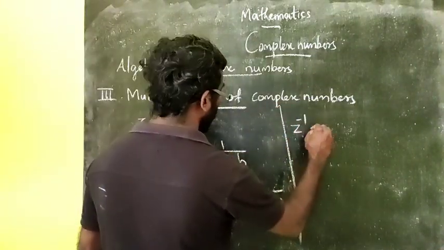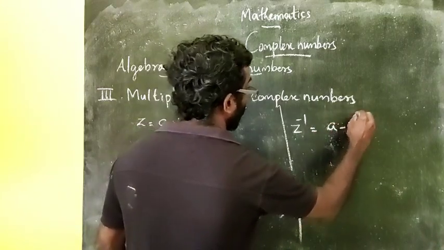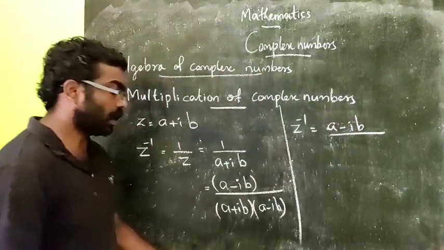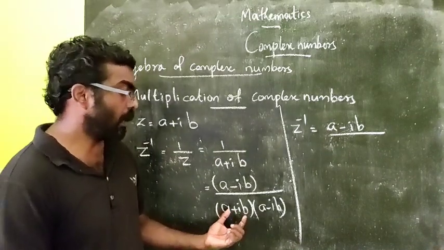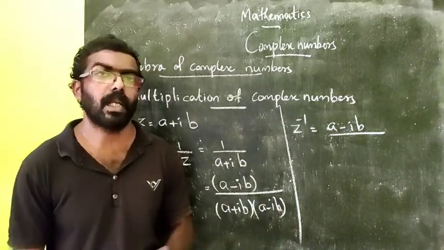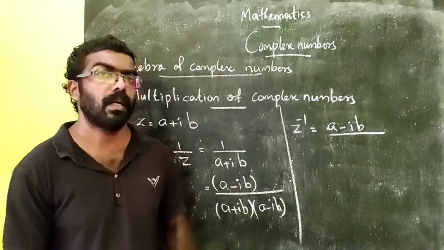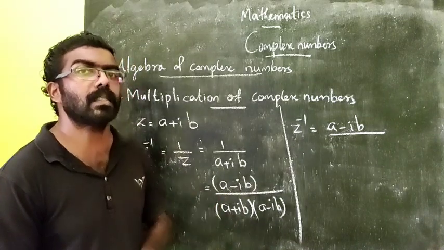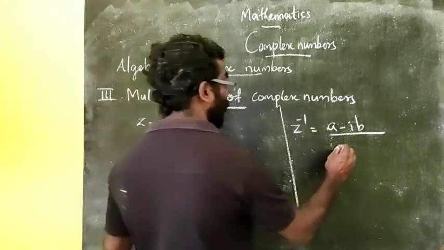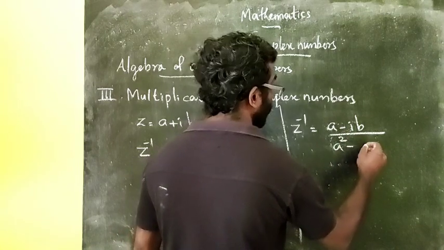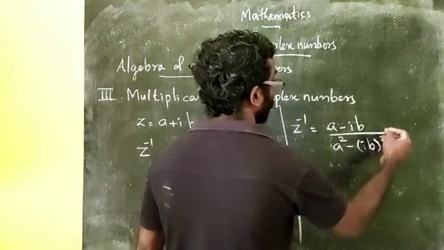That is, Z inverse equals a minus ib divided by, here the denominator is of the form a plus ib into a minus ib. What is the identity? a square minus b square. So here we can write a square minus (ib) the whole square.